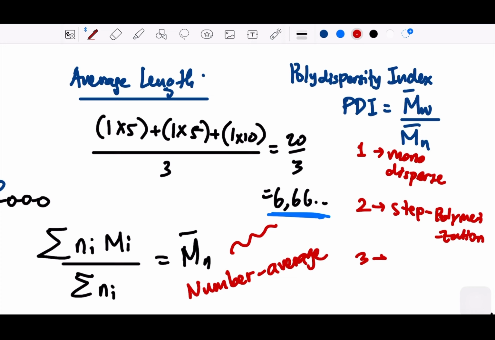And if you have 3, maybe just make it simple, greater than 2, then less than 10, usually for industry.